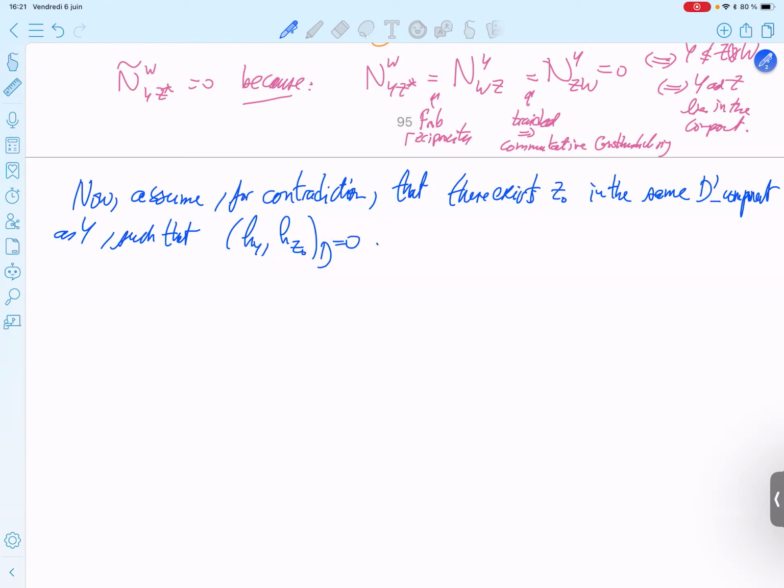So we know that for any other Z in this component, the function is the same by the previous lemma.